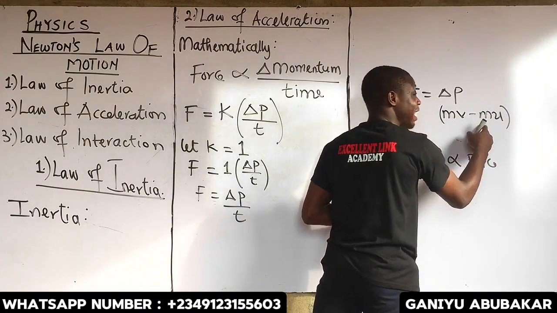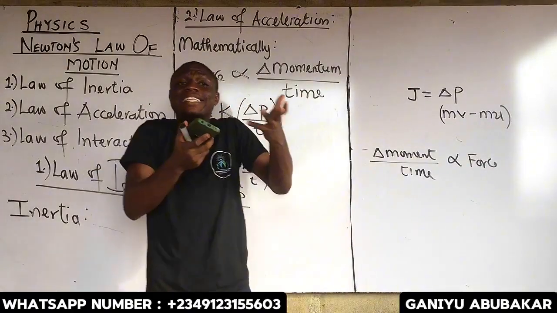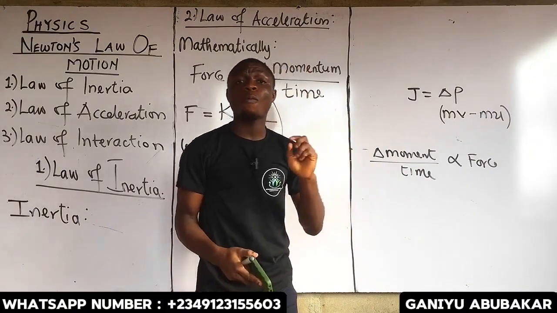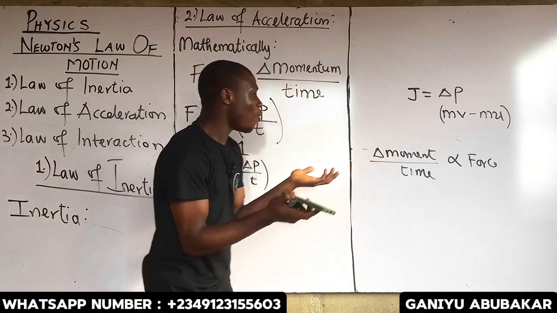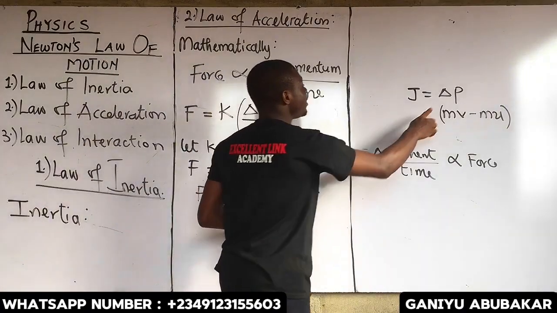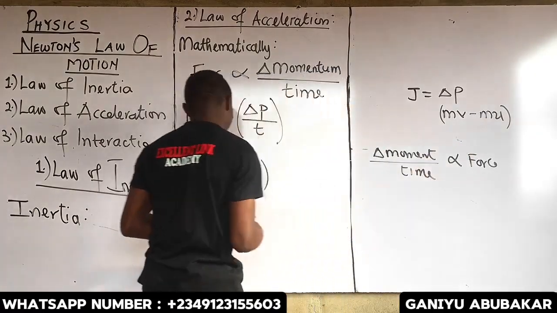We said this last class. So watch our previous class on momentum and impulse to give you a better understanding of this concept, please. So change in momentum means mv minus mu.